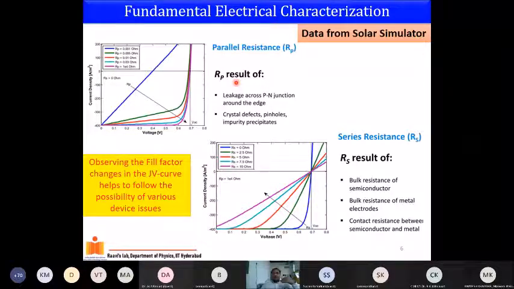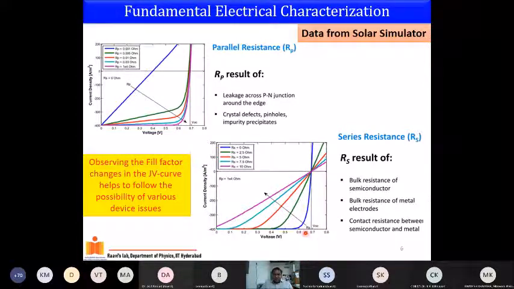So normally you don't see a big change in the Rp unless it goes drastically low. The series resistance is where it matters, because all your solar cells are now multi-layered solar cells. The way you make the layers, the way they are contacting each other, these are the ones which start playing a serious role.